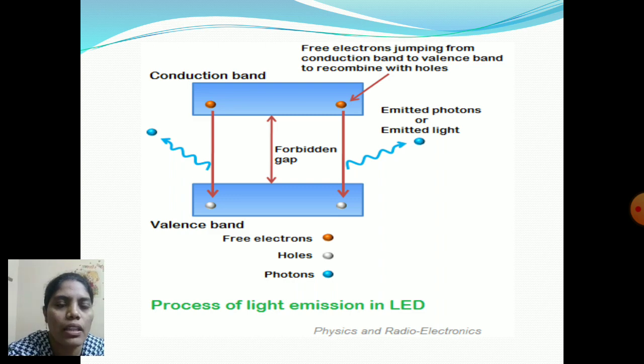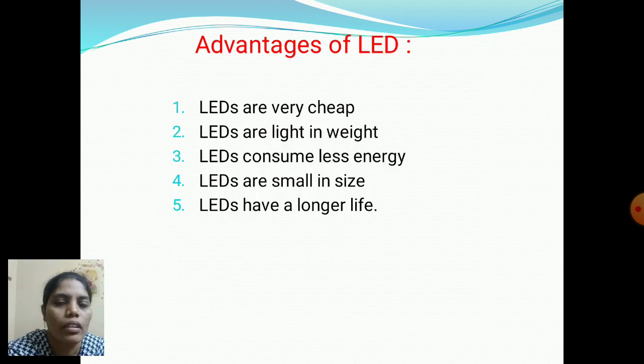They are recombining with holes and they are releasing or emitting energy in the form of photons. So that is about the working principle of light emitting diode, which is used to convert electrical energy into light energy.